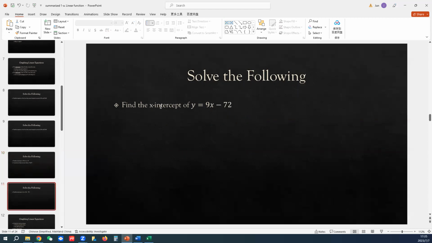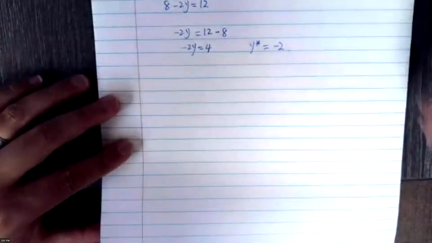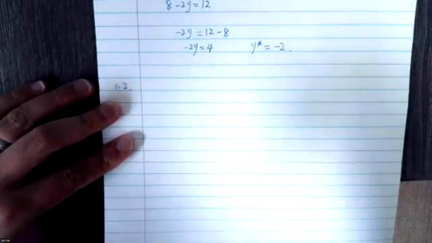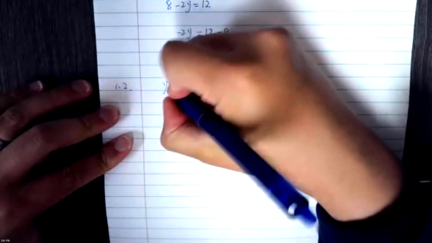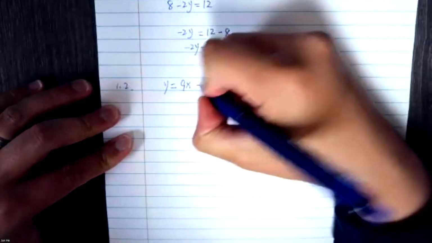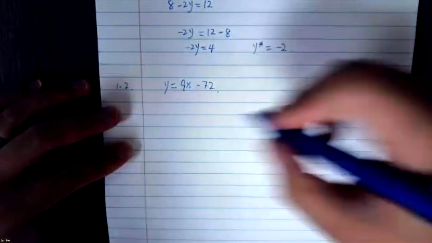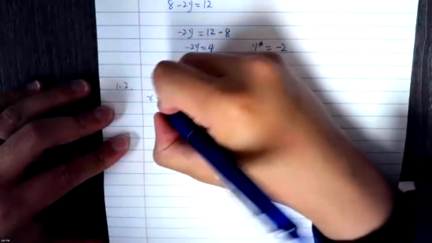And here, to find the x-intercept, we just need to do a little bit of solution. So let's switch to this. So here, y equals 9x minus 72. And we are to look at the x-intercept.